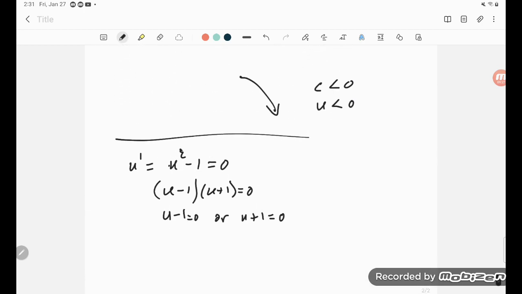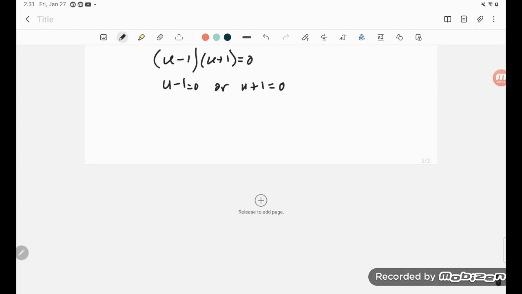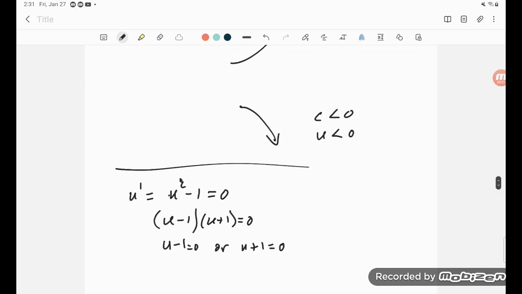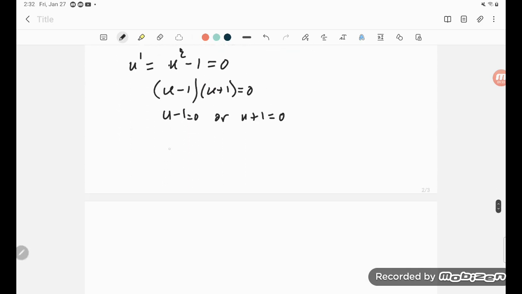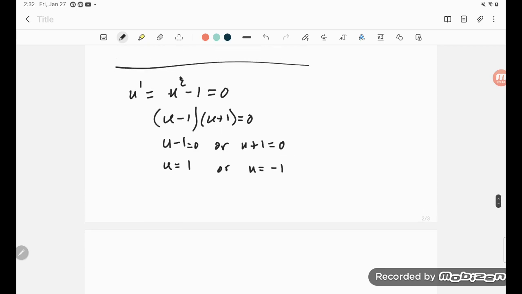And so that tells me u equals 1, or u equals -1. And so for this phase portrait, I can just draw it over here since I'm doing it vertically. There's 1. There's -1.